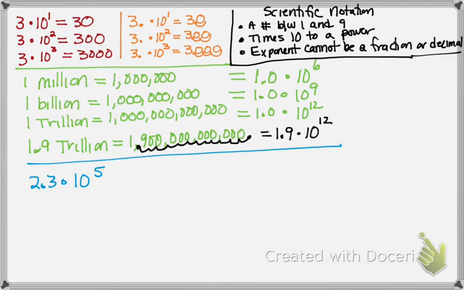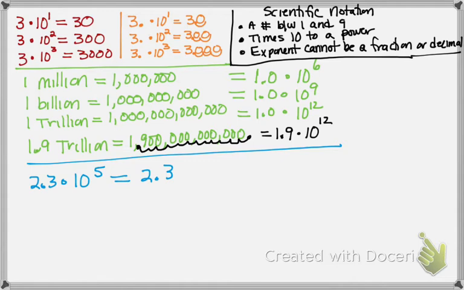And that's in scientific notation. 2.3 is between 1 and 9. It's times 10, and the exponent does not have a decimal or a fraction. So now what I do is I go 2.3, and then I move the decimal 5 times.